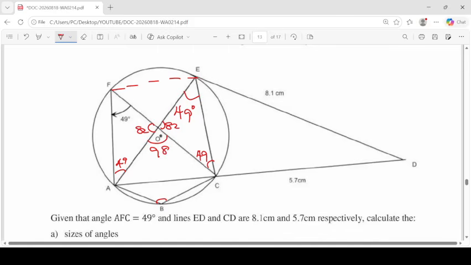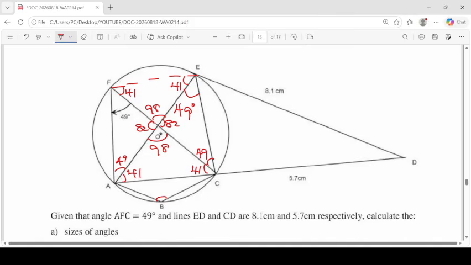And if this angle is 98, 180 minus 98 is 82, divided by 2, 41. So this is 41. This one also here is 41. If this is 98, vertically opposite, this one is also 98. So this is 41.